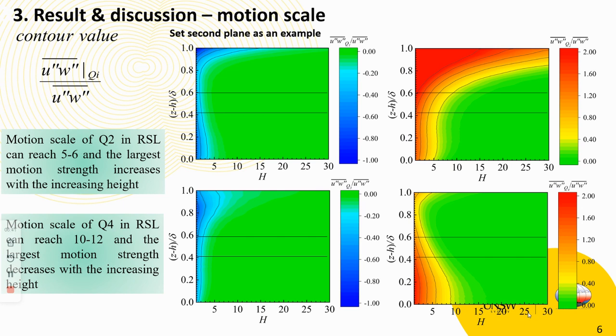It means Q4 dominates the momentum transport, and the motion scale for Q2 in the RSL can be up to 5 to 6, but for Q4, the motion scale can be up to 10 to 12, and with the height increasing, the momentum transport efficiency increases for Q2.